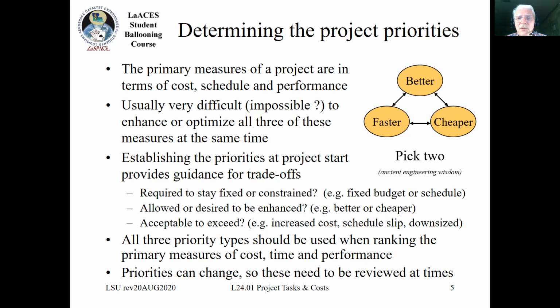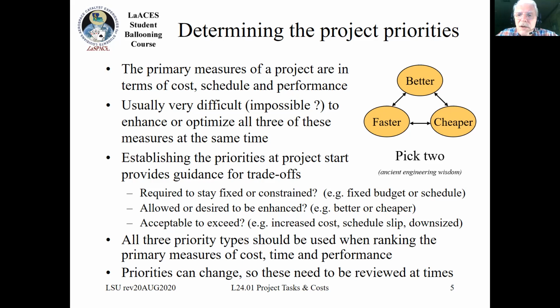Or, for example, you've got your whole university available to help you with this project. So you can have hundreds and hundreds of people working on your project in order to make things go better or faster. So you need to determine just exactly what those limits are and which things you can and cannot exceed. All right.